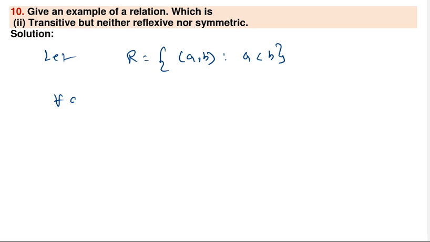So for all elements a of the set, the set is not given, any set A, then (a,a) does not belong to R, because a pre-image should be less than the image. So this implies R is not reflexive.